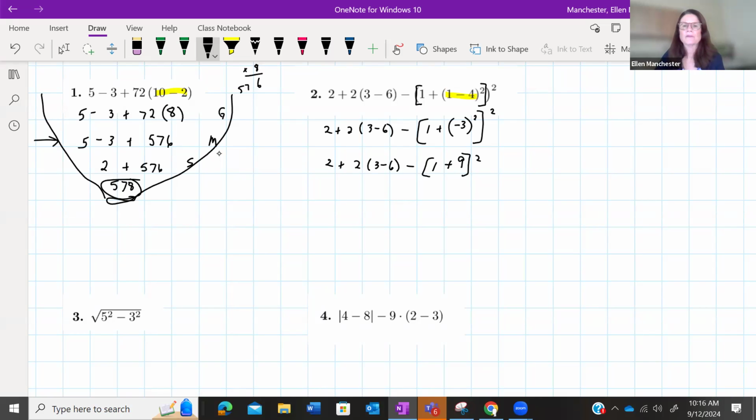Okay. So we have grouping, we have exponents. And then we're going to do it again. So we're just going to focus on this one set of parentheses or brackets. So 1 plus 9 is 10. So 10. And we still have the squared.